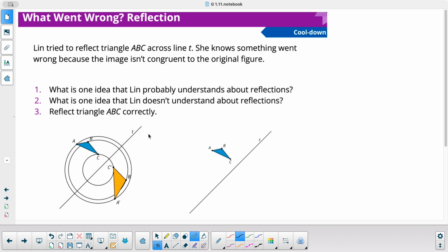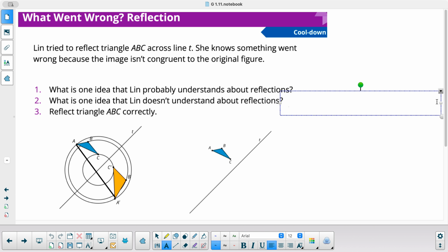Reflect it correctly. Okay, so let's see here. If I connect here to there, I would say she does not understand that you need to be perpendicular, because this doesn't look perpendicular. So I would put here one thing that she doesn't understand.